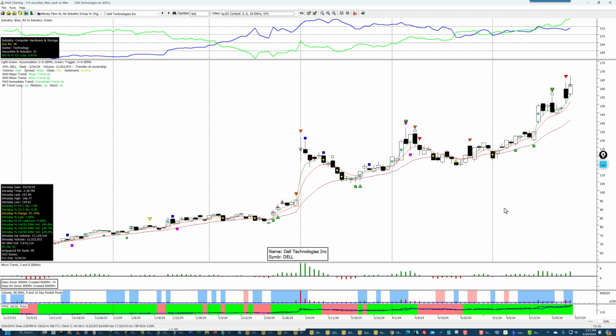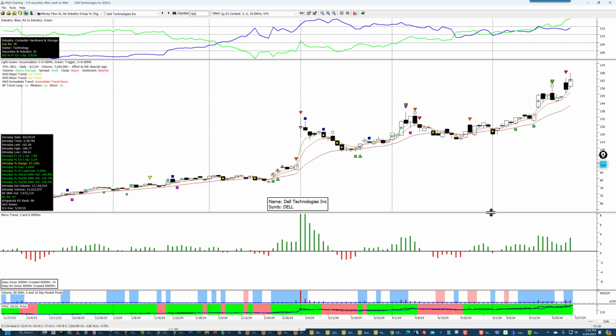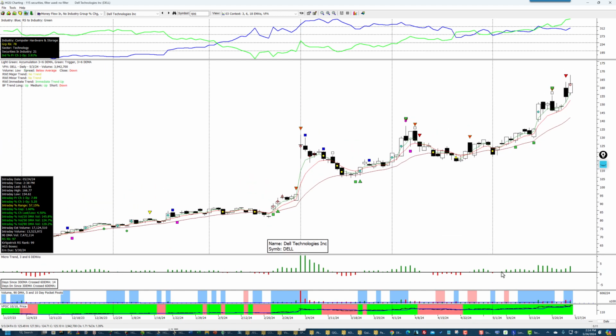Okay, now when we look at the context, it really changes everything, doesn't it? Because we had this effort to fall here. It went negative on the 3-6 for one day, and then it turned positive here, and the 3 has stayed above the 6 the whole time. And there are several days of pocket pivots and volume point of controls positive also.